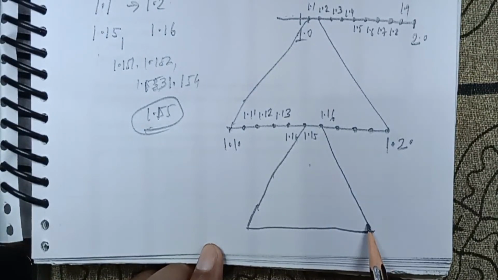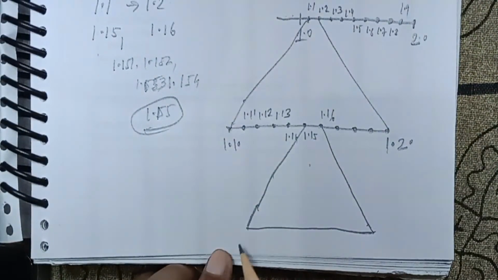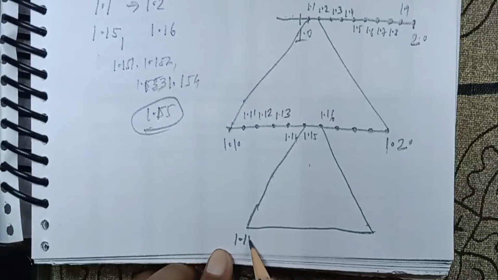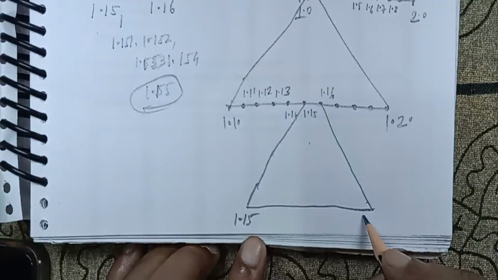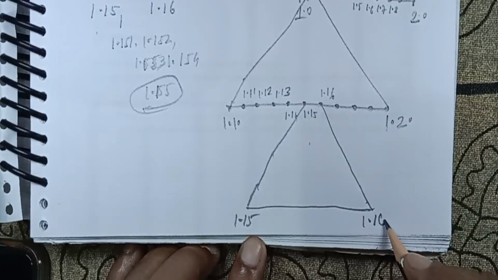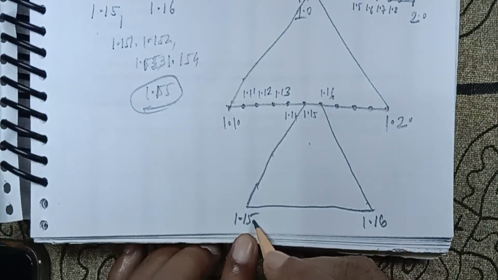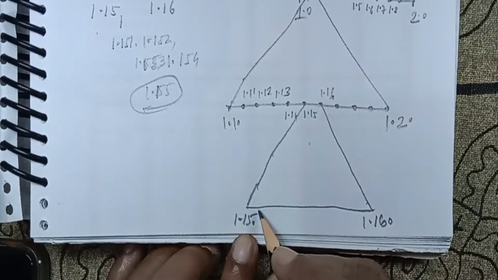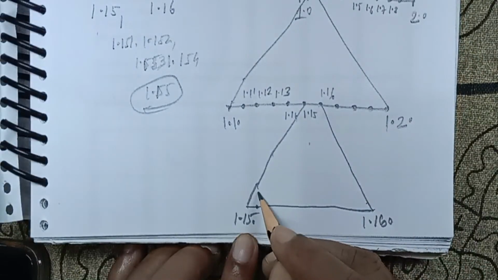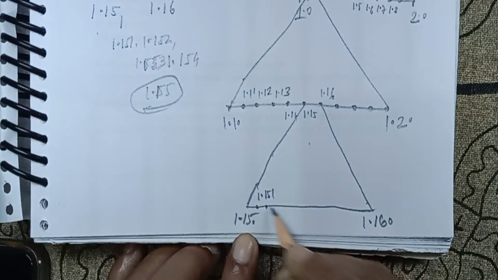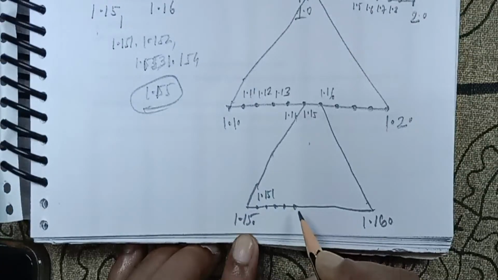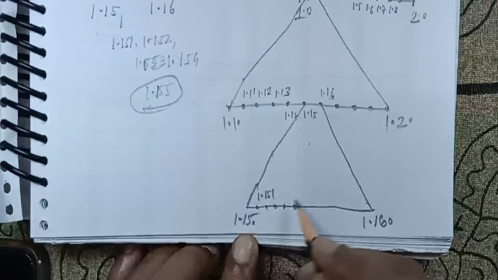So here 1.15 and this will be 1.16. Okay, here a zero is there to remember it. So this will be 1.151, 152, 153, 154, 155.